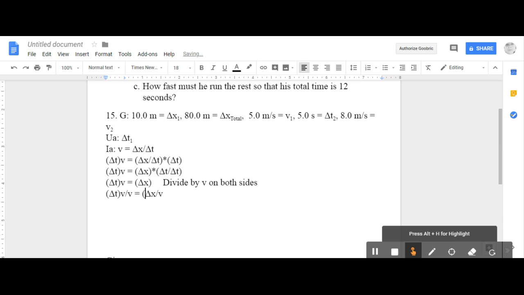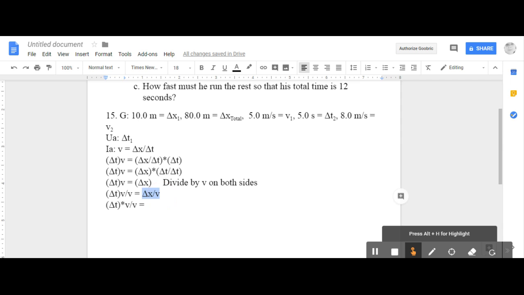Go ahead and get rid of these parentheses since I don't need them anymore. Okay, so delta t times v divided by v equals delta x divided by v.